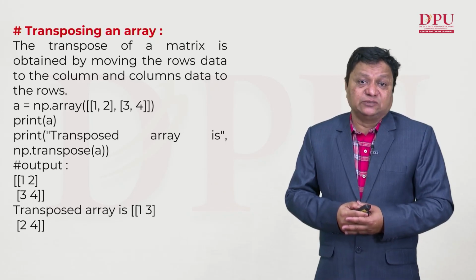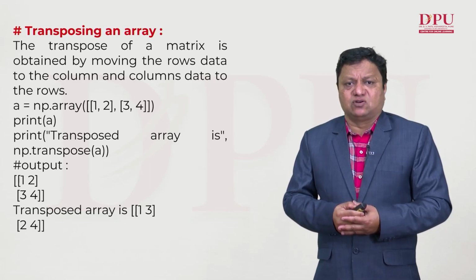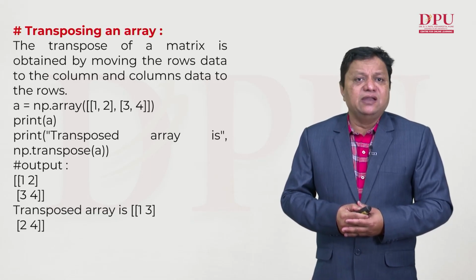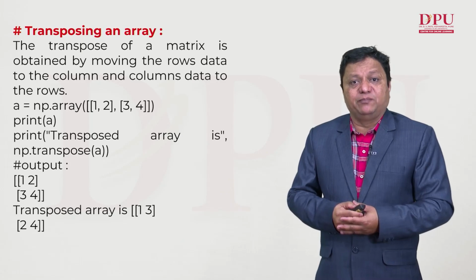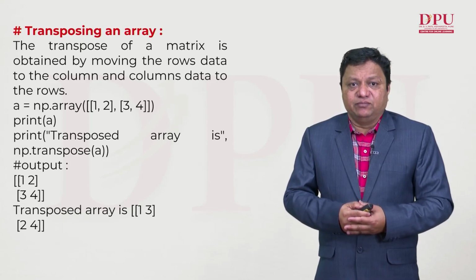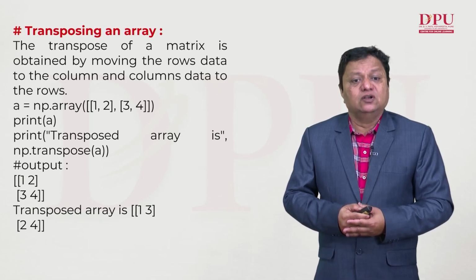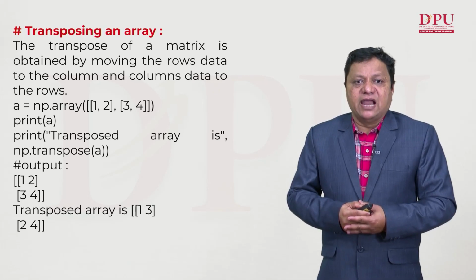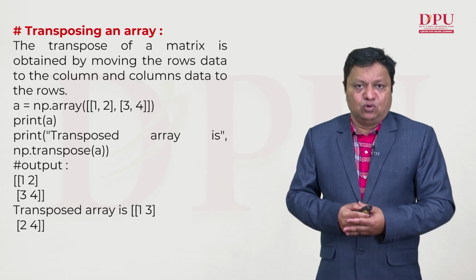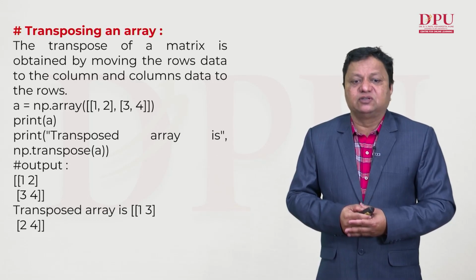But if I have to transpose the array, I will call the function np.transpose, and I will pass the array name as the argument to the np.transpose function. Now the values of columns become rows and the values of rows become columns.